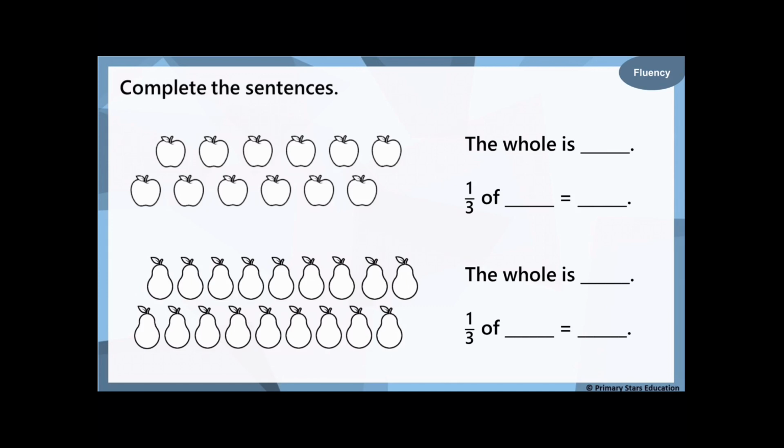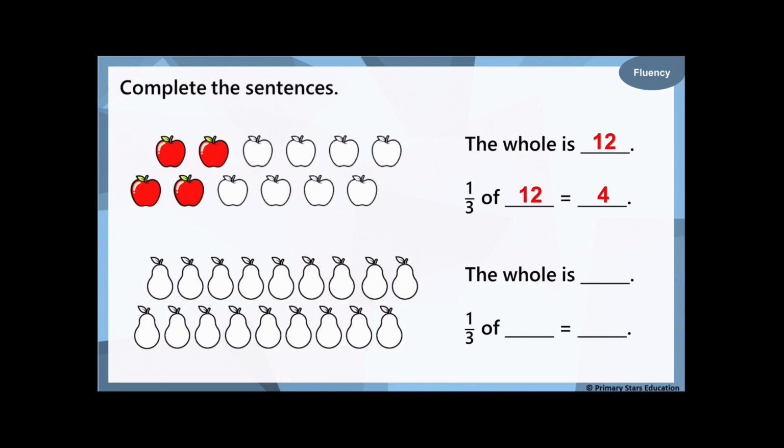Now count up the apples. How many apples are there? There are 12 apples. The whole is 12. 1/3 of 12 is 4. Yes, 1/3 of 12 is 4.